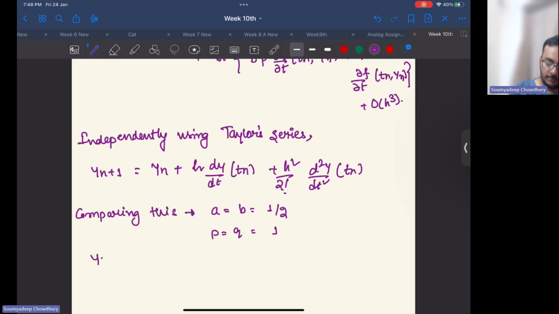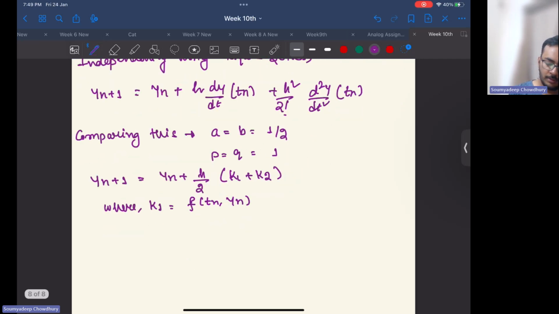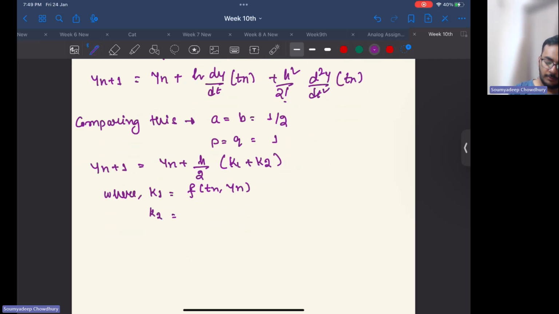So we will get y_{n+1} equal to y_n plus h by 2 into (k1 plus k2), where k1 will be equal to f of t_n comma y_n, and k2 will be given by f of t_n plus h, y_n plus h times k1. So this will be given to you.